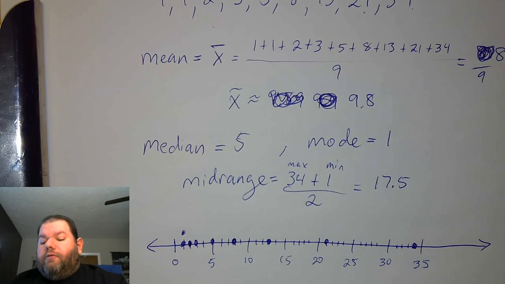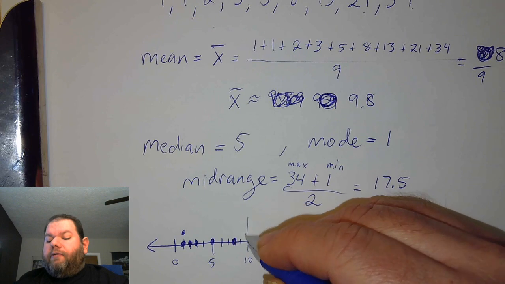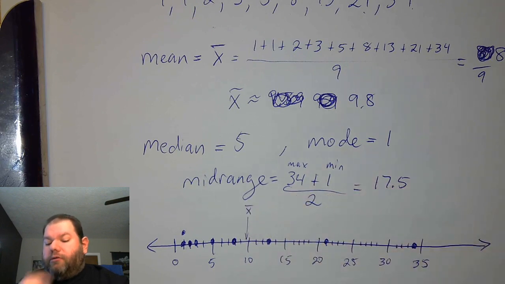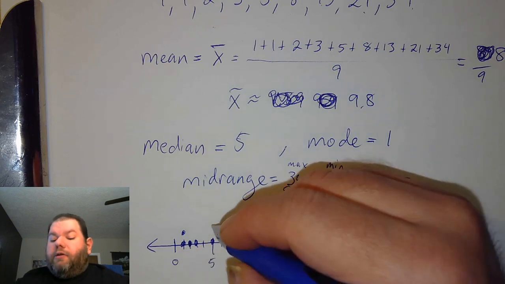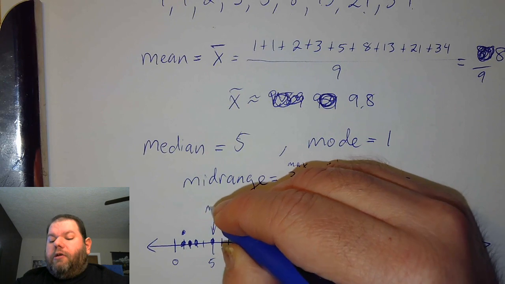And so our mean says the middle of the data set is right here. So there's X bar. Our median is here.